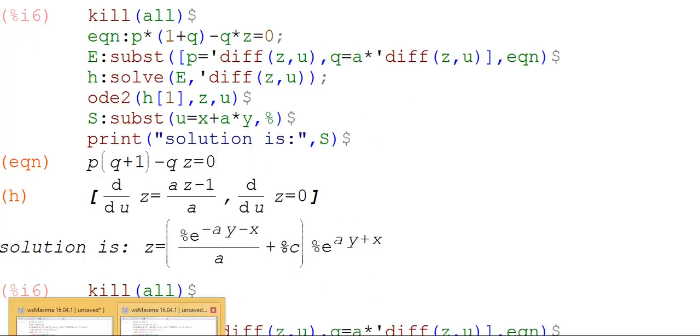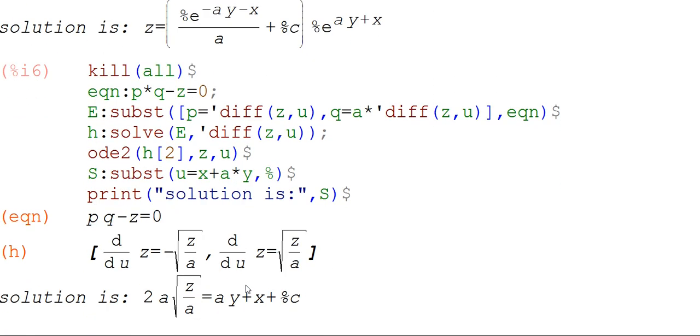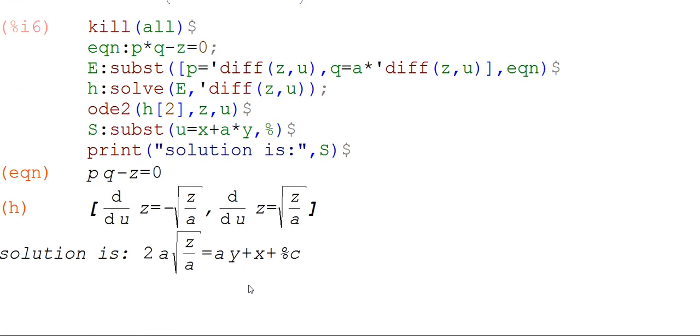So let us take the maxima program of this now. The maxima program here will become, again here I am replacing the equation by pq minus z. The remaining part will be the same. But observe now, when I take a solve command here and execute, I am getting two terms. The first term will always be a negative term.